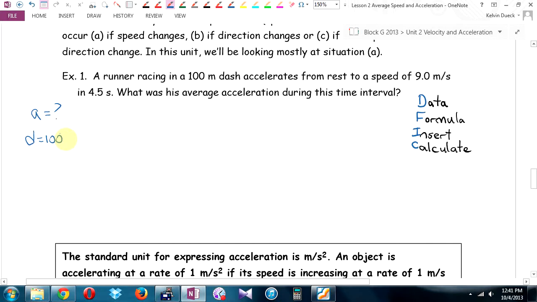Now, there is a phrase that you always want to notice here in physics. We're going to underline it. It's this phrase right here, from rest. That tells me something. What does that tell me? Initial velocity is 0.